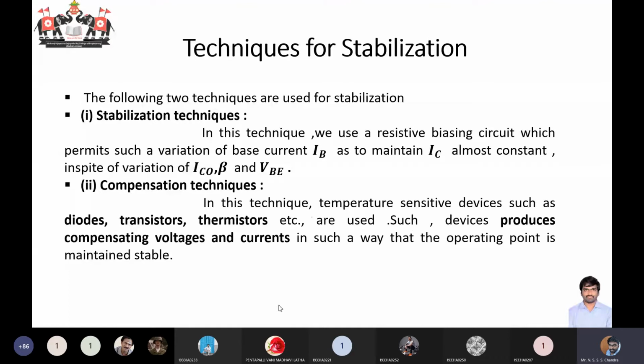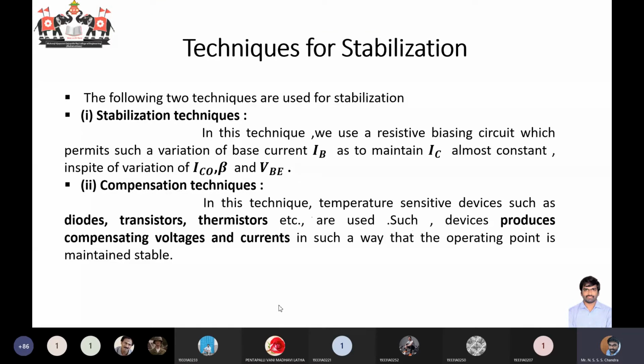In the stabilization technique, we are going to use a resistive bias circuit, a simple resistive network, to ensure that your IC will be almost constant in spite of variations in ICO, beta or VBE.